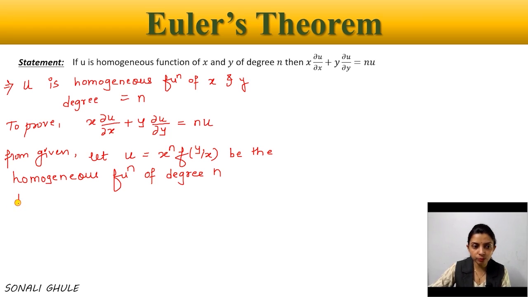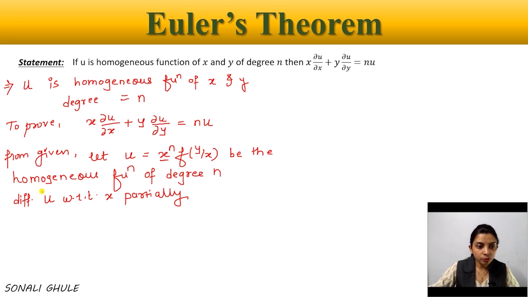So what are we going to do? Differentiate u with respect to x partially. Now here we are differentiating with respect to x partially, which means y is constant. But you can see this is a function of x and this one is also a function of x. There are two functions of x, right? So we have to use the product rule while differentiating.